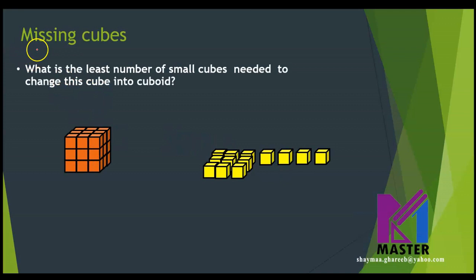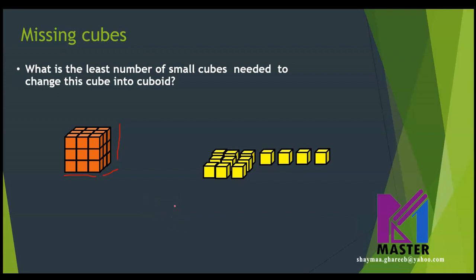Now look at this question. What is the least number of small cubes needed to change this cube into a cuboid? You have a cube here. It has 3 and 3 and 3. We need to change this cube into a cuboid. So I need to change one of the lengths I have.